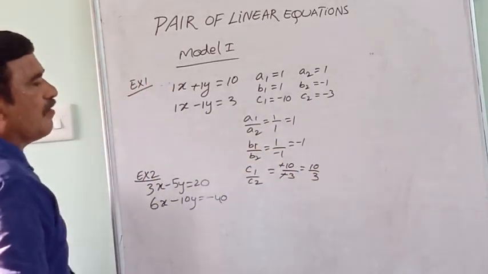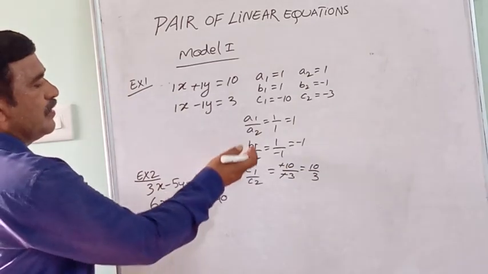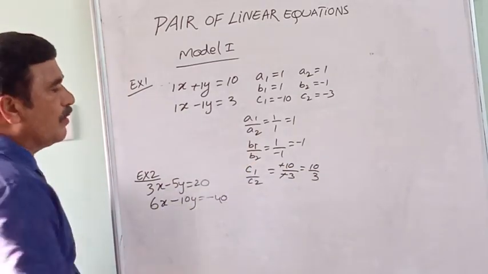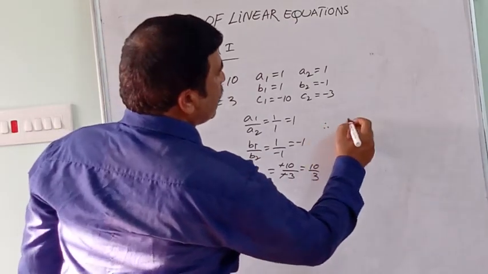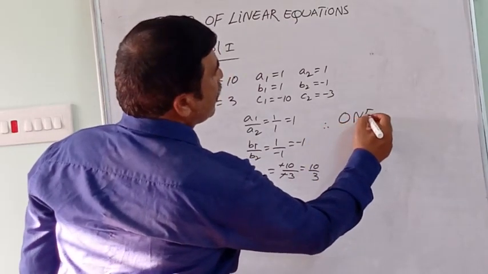See, they are not equal. a1 by a2 is not equal to b1 by b2, not equal to c1 by c2. Therefore, this has only one solution.